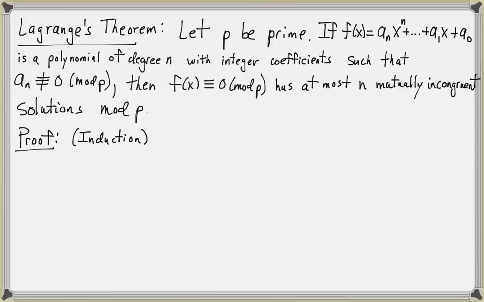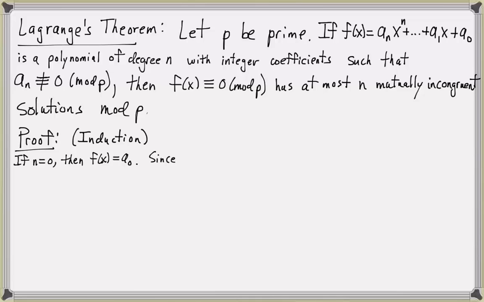So what if I had a polynomial of degree 0? If the degree was 0, then f is just a constant function. f of x will just equal a0, and we're assuming that a0 would not be 0 mod p.